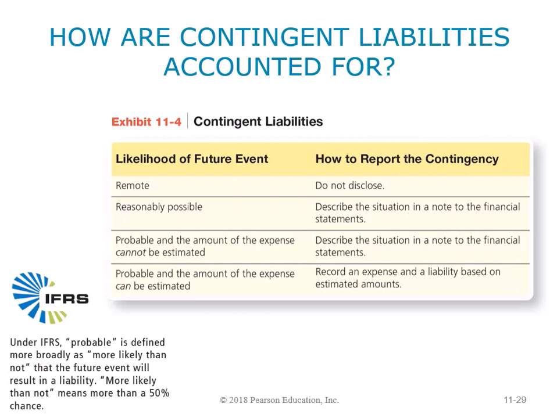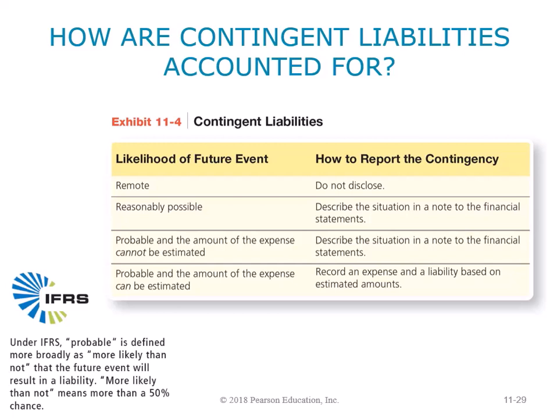Now we have probable, and this is going to be broken down into two possibilities. One is it's probable, but we have no idea what the amount's going to be. The amount cannot be reasonably estimated. If it's probable and the amount cannot be reasonably estimated, then again, we are just going to disclose it in the financial statement footnotes. And in most cases, we may even disclose a range. If we can estimate a range of where that expense might fall, we could disclose that as well.